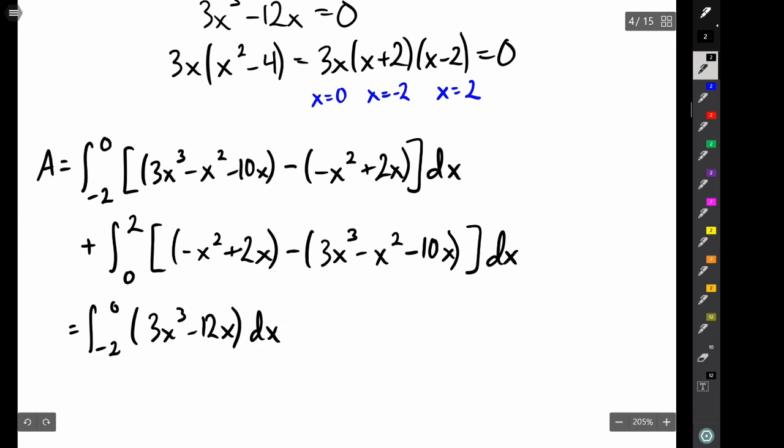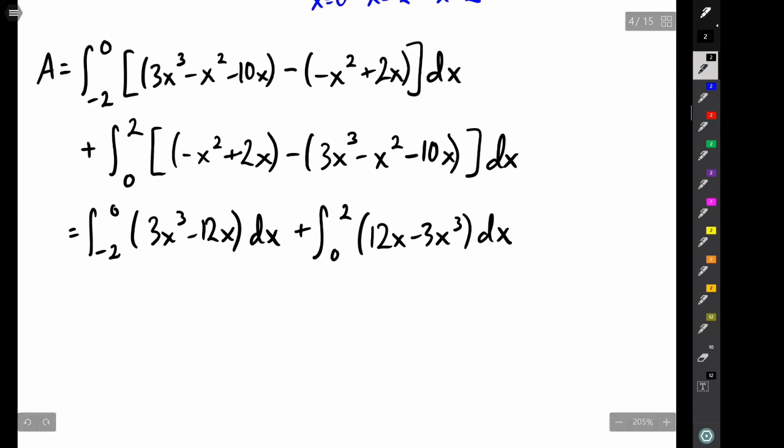And then here, right, we want to add the integral from 0 to 2. Now, if you think about it, we're really just subtracting these in the opposite order. So we're just going to get the negative of this thing here, which is going to be 12x minus 3x cubed dx. Right?